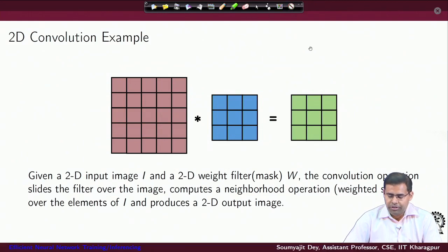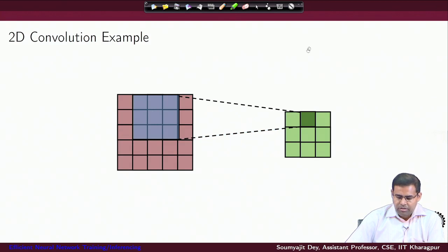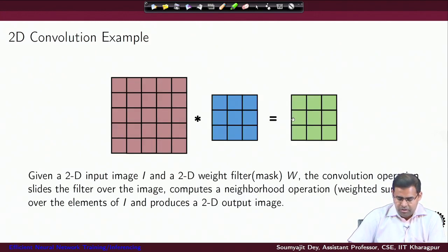So, we can continue like this. That is how you can build on this example, and in this animation we are just trying to show how the change of the overlay plays a role when you compute the output values of the image. As you can see, you have this 2D input image, you apply the 2D weight filter mask and you get a 2D output image.